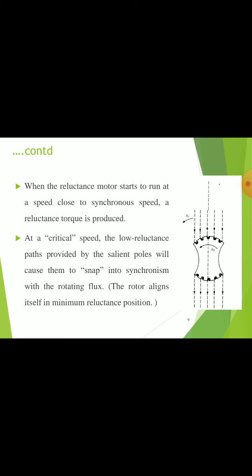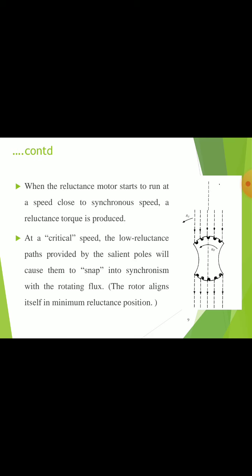Since the rotor will align in this minimum reluctance position, the rotor tries to continue in this minimum reluctance position and tries to rotate at synchronous speed, so that with the rotating magnetic field the rotor also tries to rotate. That is called reluctance torque.